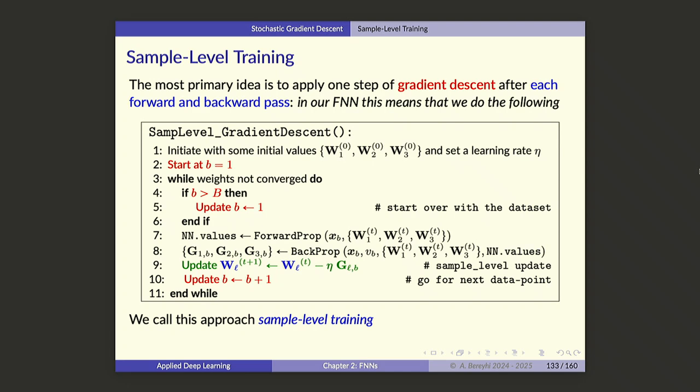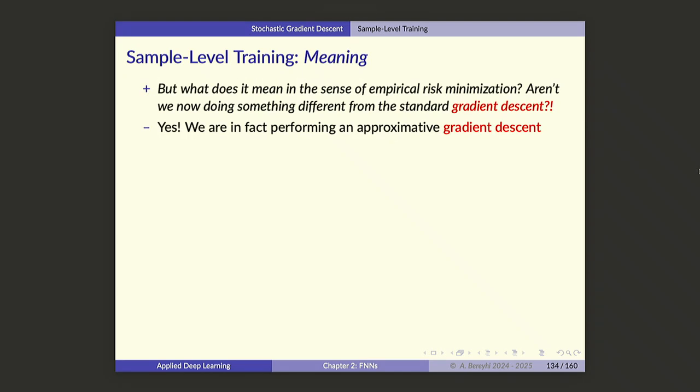Because if you do this, when the whole batch of data is over, you have done, for instance, in MNIST, 60,000 updates, right? Whereas in full batch training, you do 60,000 forward-backward passes, and then you do just one update, right? So you're much ahead of this. And how bad could your gradient get, right? This was the idea. Okay, so this is the idea of sample level training.